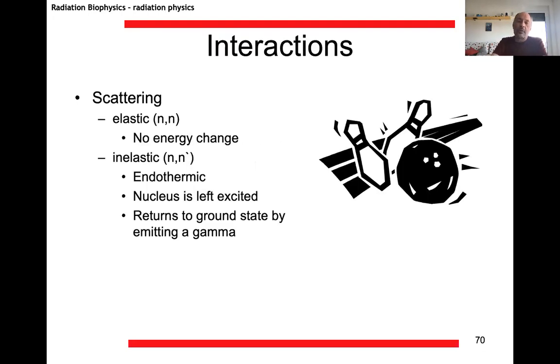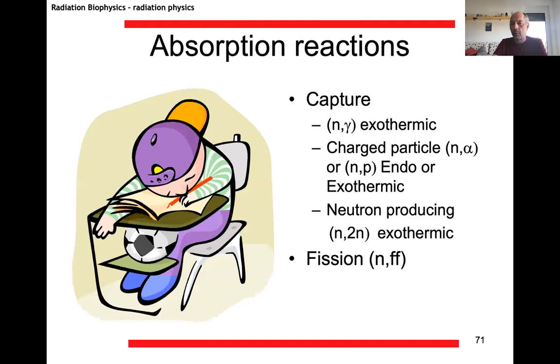The interaction of neutrons can be elastic and inelastic, as for all particles. In addition, there are absorption reactions, a little bit like the photoelectric effect, but now the absorption is not in the atom, it is in the nucleus.